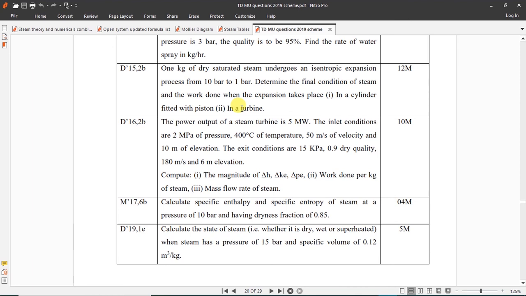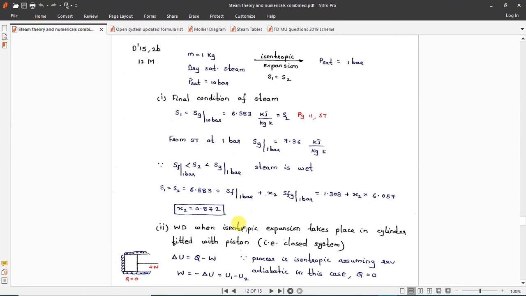What we have to calculate is the work done. What will be the work done when steam is expanding in a closed system, and what will be the work done when steam is expanding in a turbine? This will be different. We have calculated the first part, determining the final condition of steam. The steam is wet and the X2 value is 0.872.